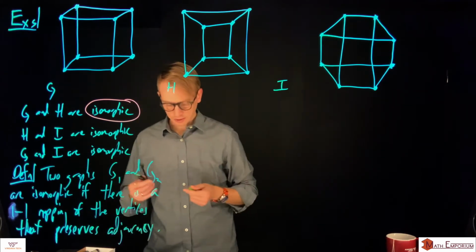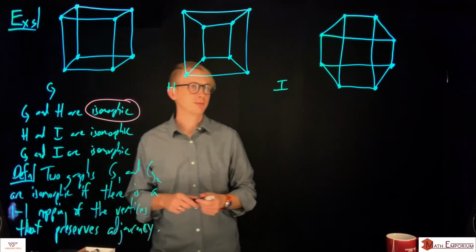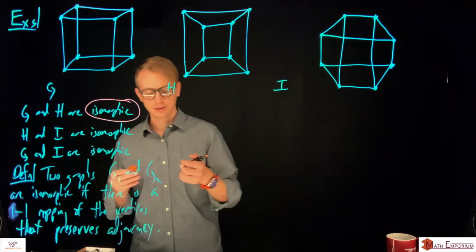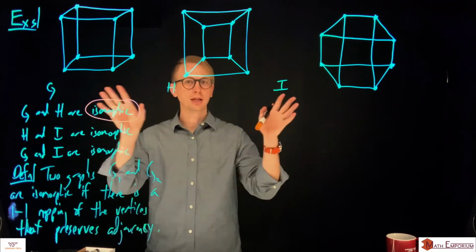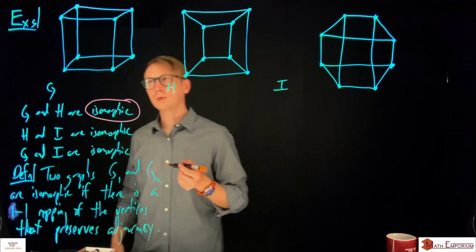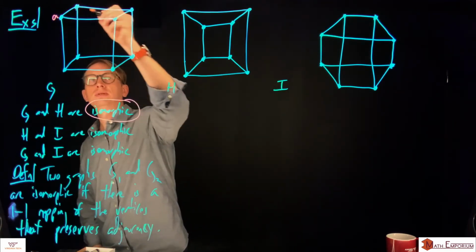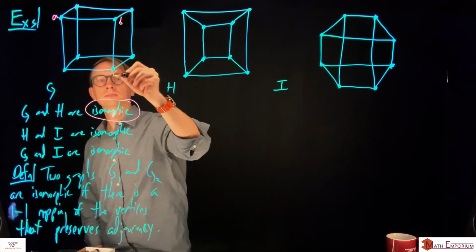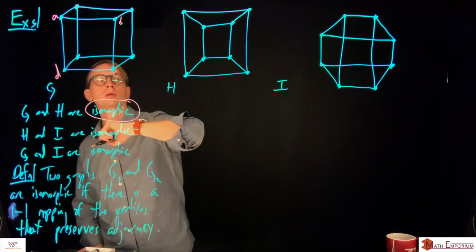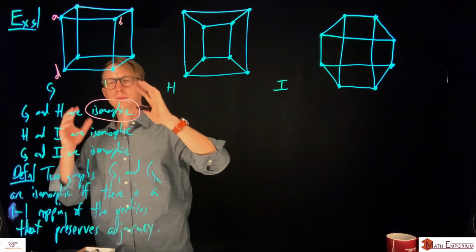So let me show you this conceptually the easiest way of doing this. They usually don't come to you this way though, so keep in mind this is not always going to look this way. These are unlabeled graphs, and so that is sort of a luxury. I'm going to start off by labeling these with lowercase letters this time. So A, B, C, D, if you think, well, to me this looks like the front.